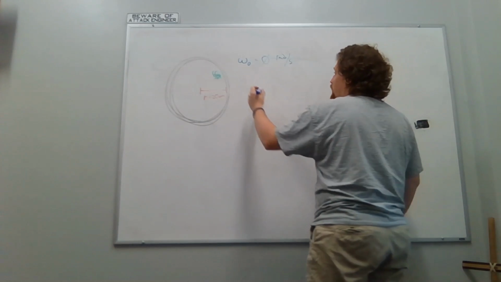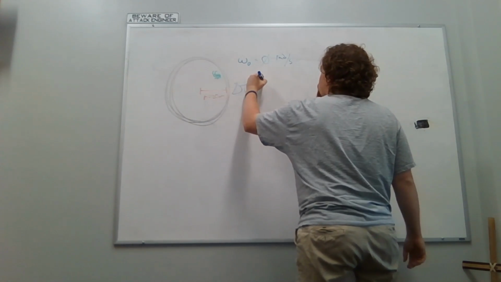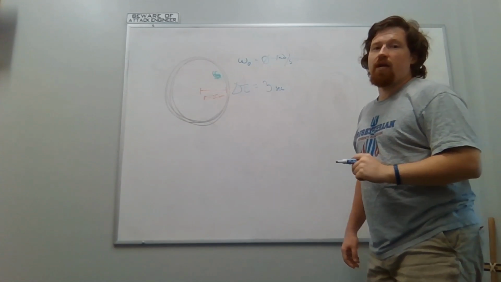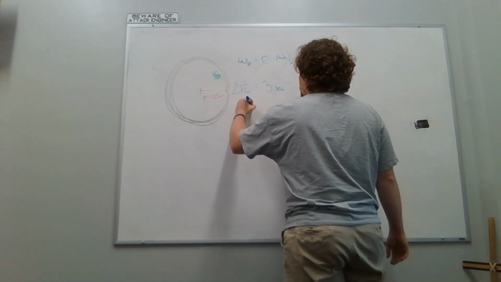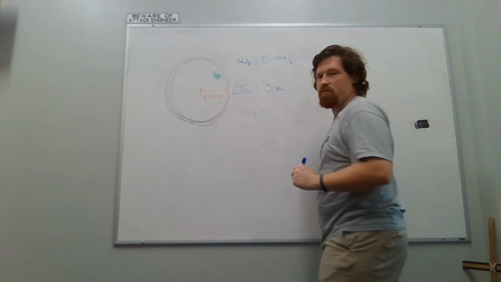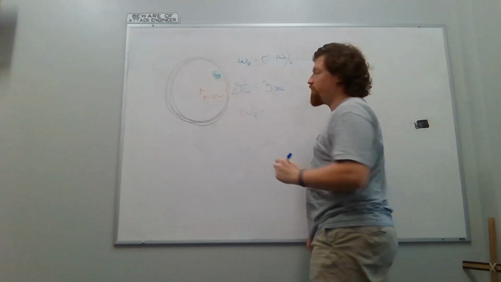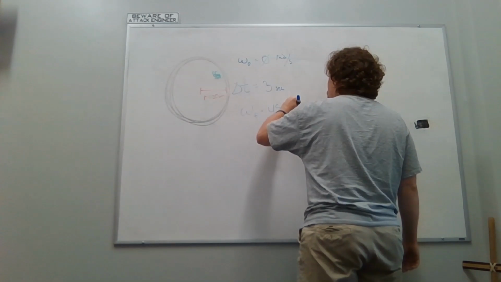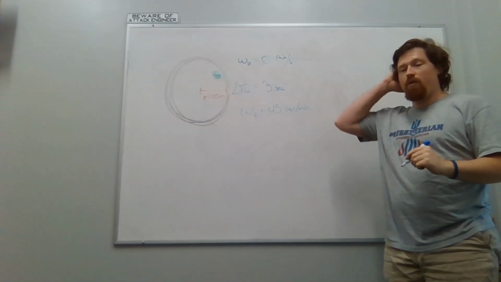It tells us that after a time of 3 seconds, so delta t is 3 seconds, the player is going to have sped up to a final angular velocity of 45 revolutions per minute.